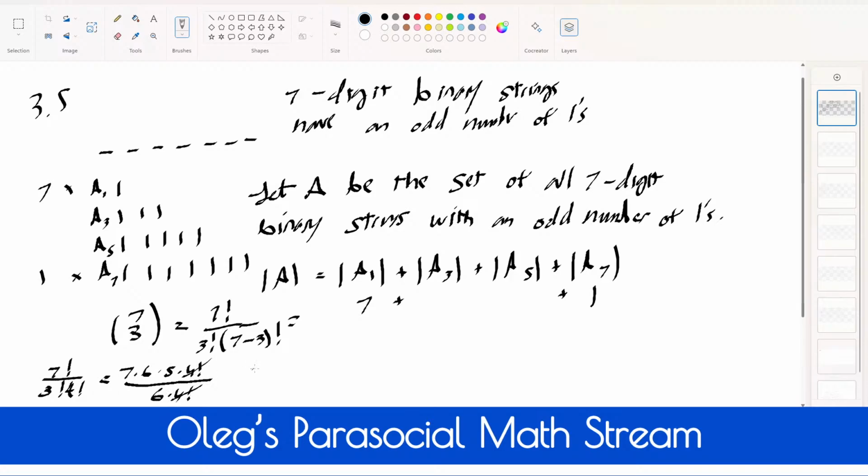Scratch the 4 factorials, and we can scratch the 6. So that's 35 on the first one. Now, how cool is that, right? See what I did there with the 3? Instead of writing it as 3 factorial, I just immediately rolled that into the 6.